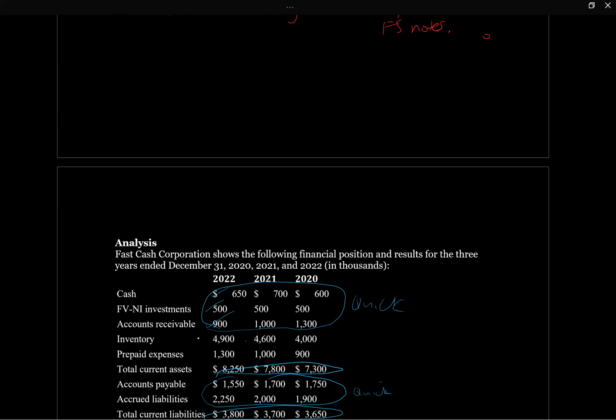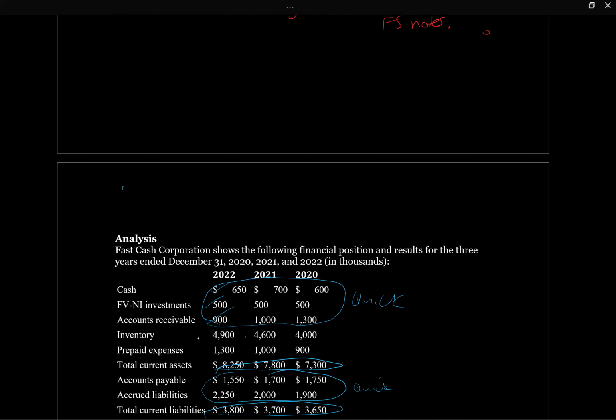So we're going to put average days payable, which is going to equal the average AP divided by the average daily cost of goods sold. How in the world are we going to get daily cost of goods sold? It's a great question. Let's take a look at what data we have in this question.